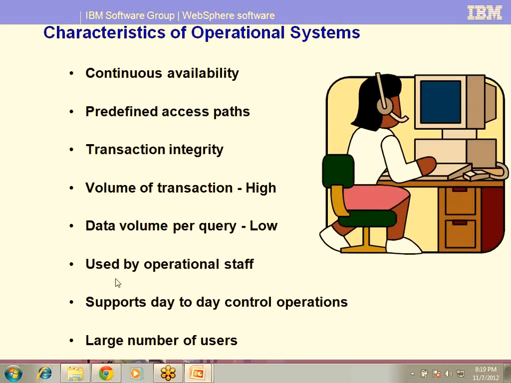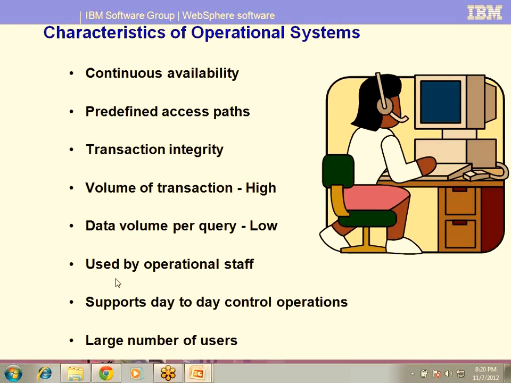And one more thing is, this is used to support day-to-day control operations. Day-to-day control operations means it is used to run the business, not for decision making. Whatever data we have in the operational system is not summarized data. That is transactional data only.